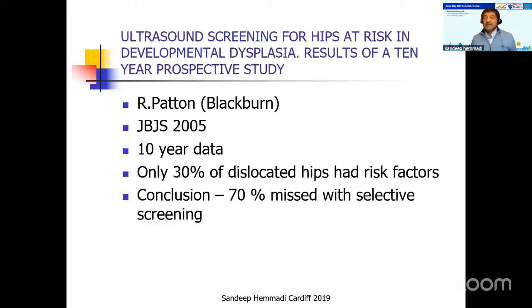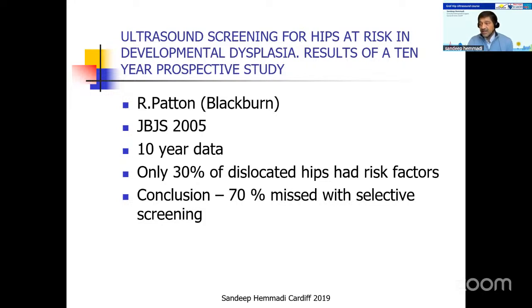Orthopedic surgeons spend a lot of time discussing which risk factors you should screen for, but some of this information would make you realize why all those discussions are not of great value if our eventual aim is to prevent all late presenting DDH. In this paper from Blackburn, only 30% of their dislocated hips had any risk factors.